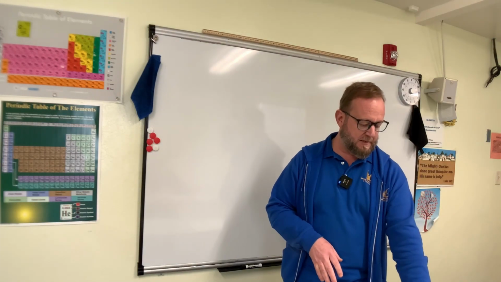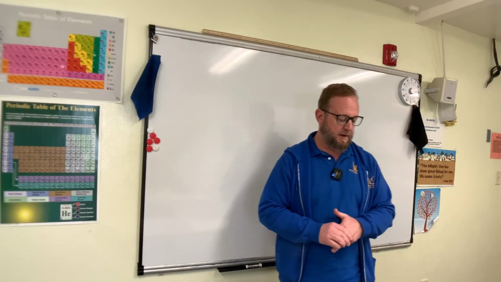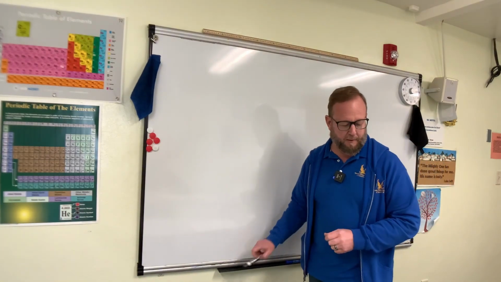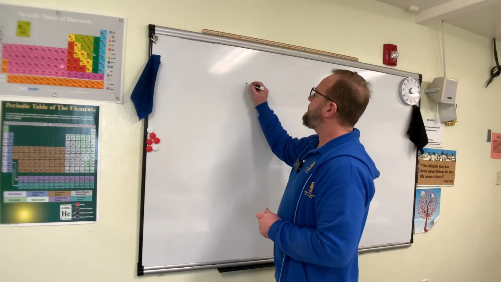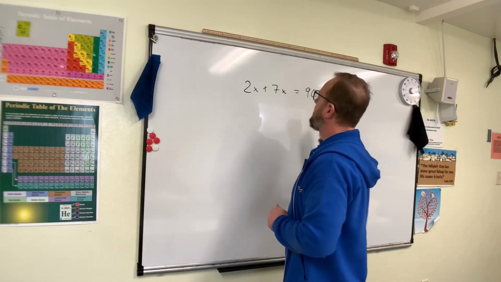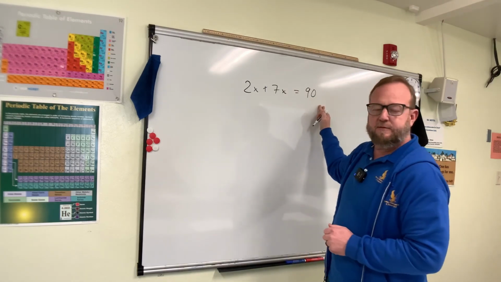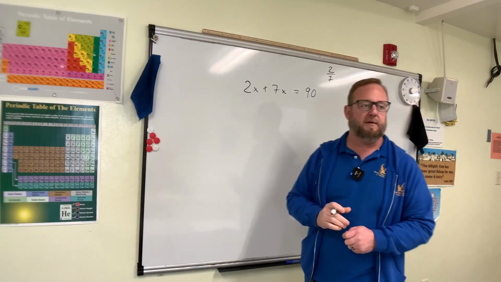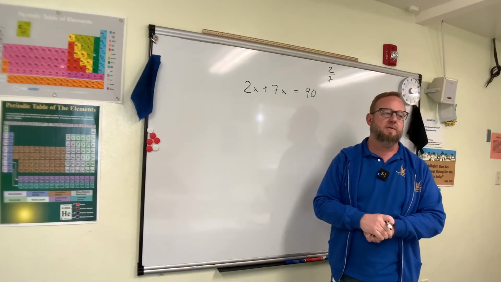So it gives you those, and it gives you this nice little ratio and how you can think about it. Does the ratio make sense? How would this 2x plus 7x equals 90 come about? How would we ever come up with such an equation just given that my ratio is 2/7?